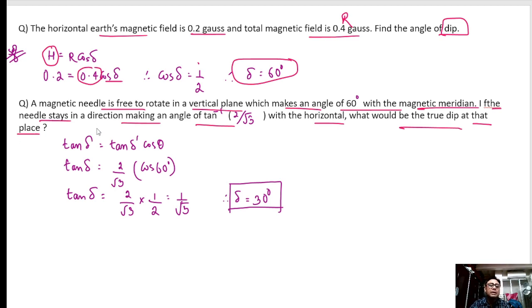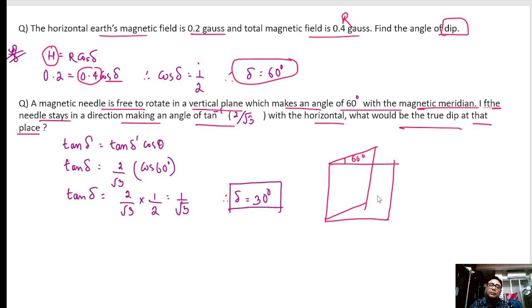So please watch here. Vertical plane is making 60 degree with the magnetic meridian. If this is the magnetic meridian, the vertical plane is making an angle of 60 degree with the magnetic meridian. Clear?